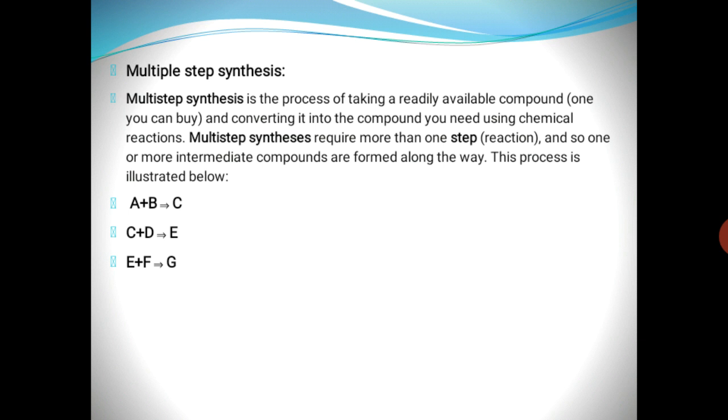If you take A and B compounds, you will get C compound. In the next reaction, you take the C compound plus another compound, here B, and it gets converted into E compound. In the next reaction, we take this E compound plus another F compound, and it gets converted into G compound. These types of reactions are called multiple step synthesis reactions.